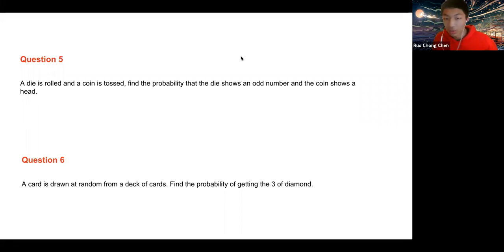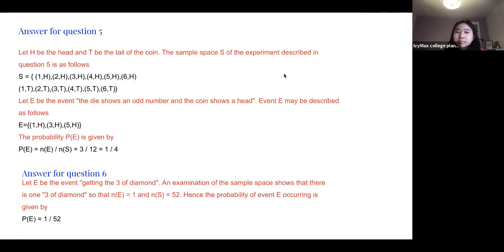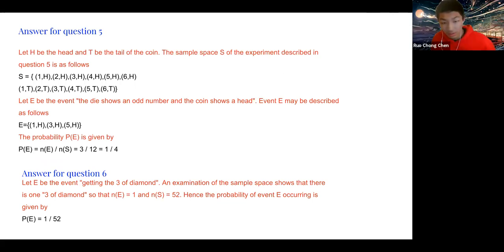Should we continue to the 6th question? No, just leave it for a little bit. Here's the answer. You can check it by yourselves.